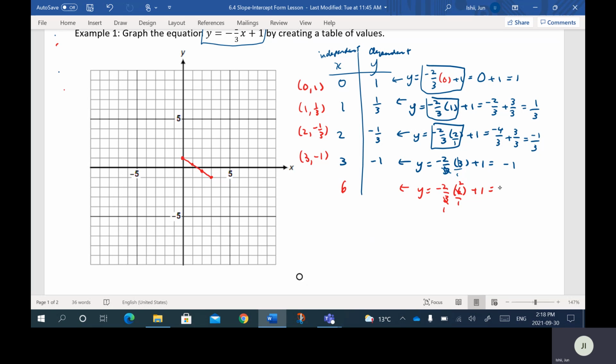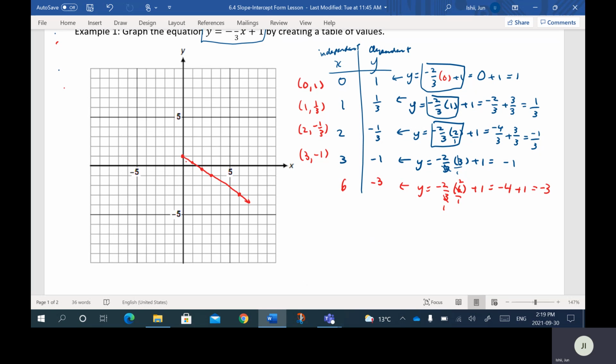So negative 2 times 2 is negative 4, plus 1 equals negative 3. So the point 6, negative 3, right there, is also on the line. And you can see that, yes, it does line up. As well, on the other side, it would extend in this direction.